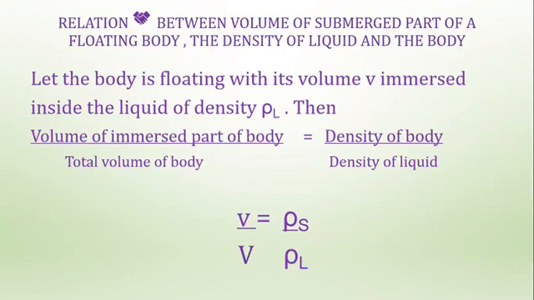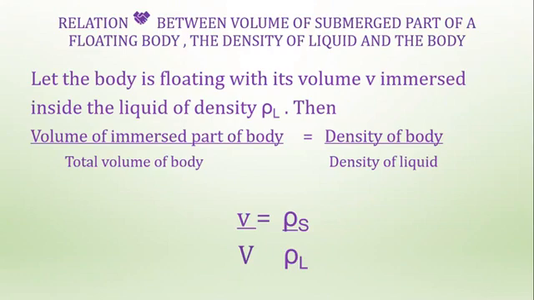For example, a cube of ice will have 90% of its volume immersed in water if the density of the ice cube is 0.9 gram per centimeter cube and the density of water is taken as 1 gram per centimeter cube while floating. Because its density is 0.9, and if we convert it into percent, it will be 90%.